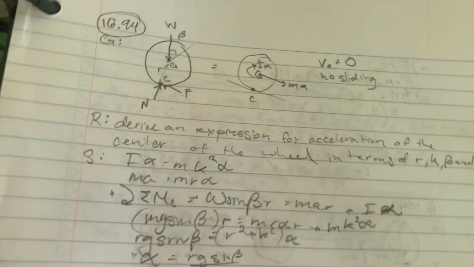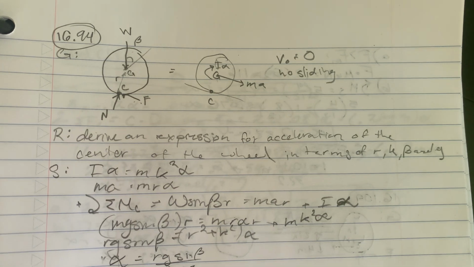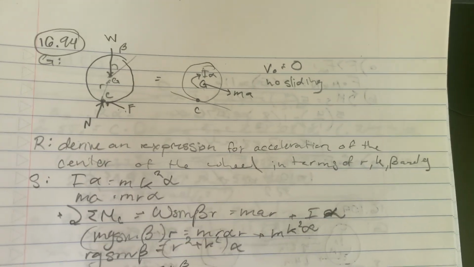The next problem, we want to derive an expression for acceleration of the center of the wheel in terms of r, k, beta, and g.